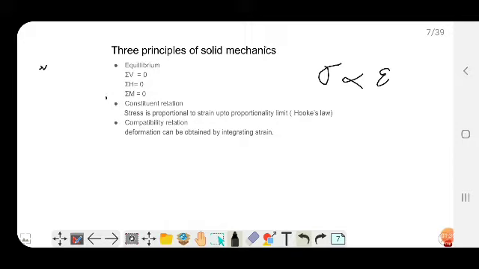If longitudinal dimension or length is the dimension we are considering, then this constant of proportionality is Young's modulus E, sigma, that is normal stress by normal strain. It can be tensile or compressive. If shear stress is considered, that is angular displacement, then the constant of proportionality is given by shear modulus or modulus of rigidity G.